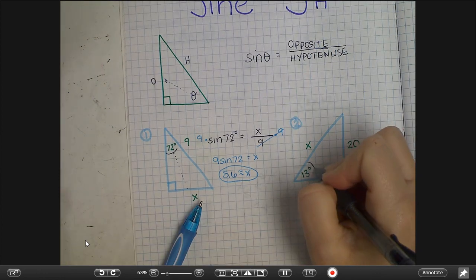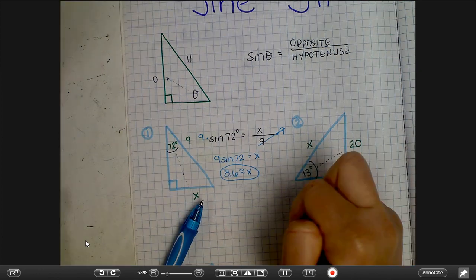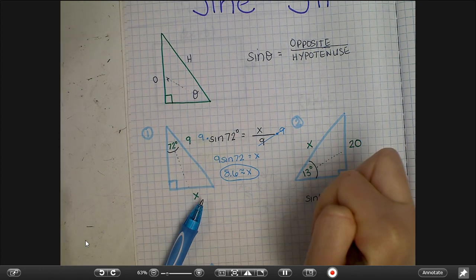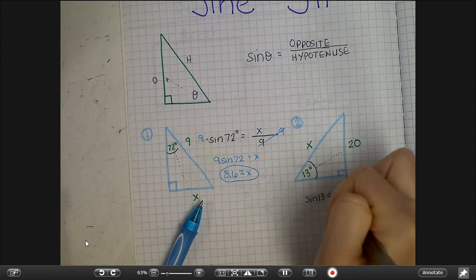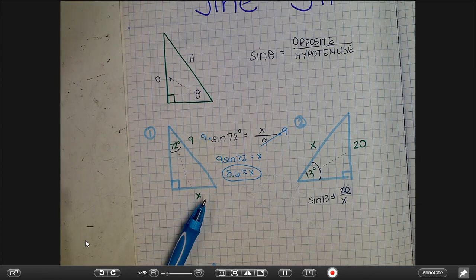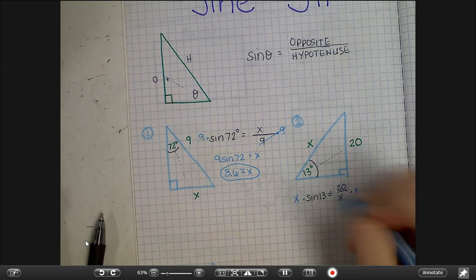Now the next one, here's our angle. We're going to look for the opposite side. So we have sine of 13 equals opposite, which was 20, over the hypotenuse, which is x. Again, we need to solve for x, so we're going to multiply by the denominator to get this out of fraction form.